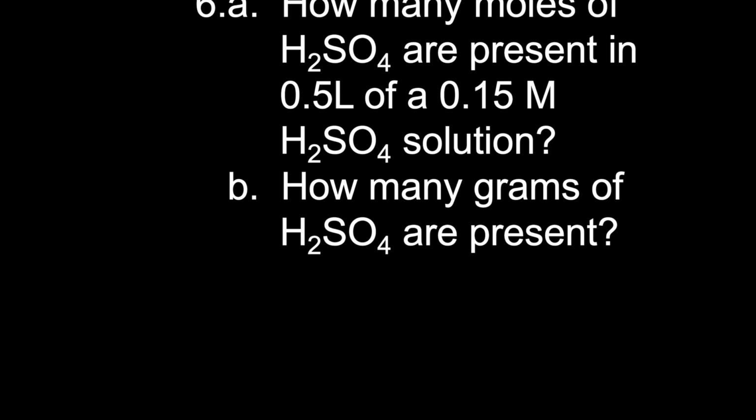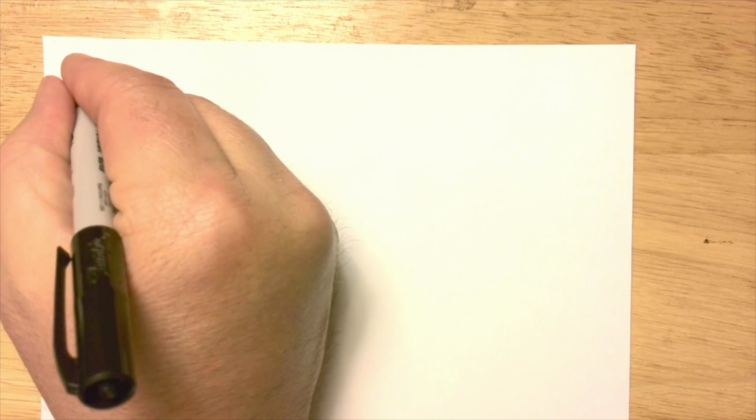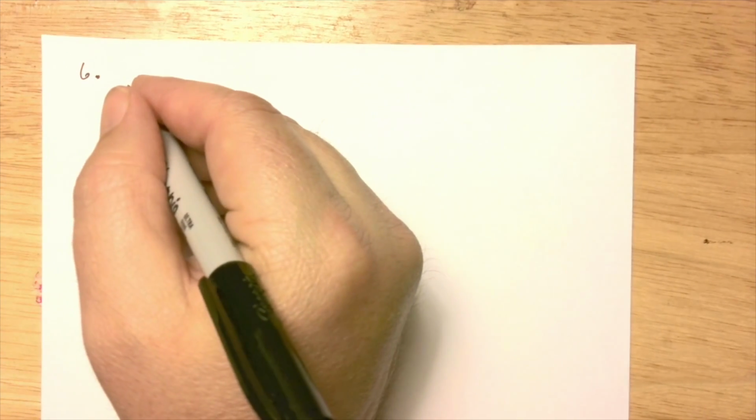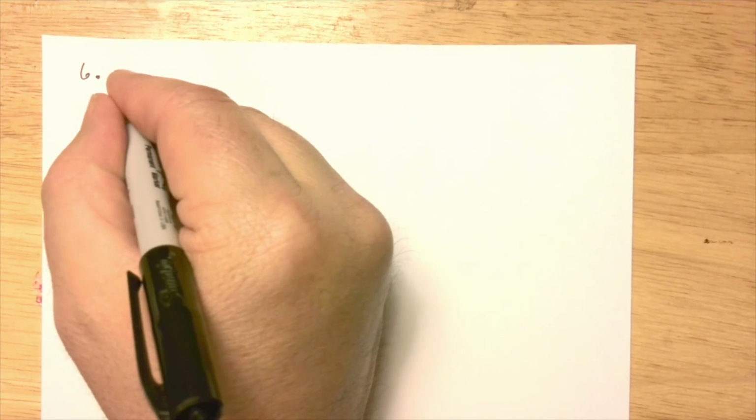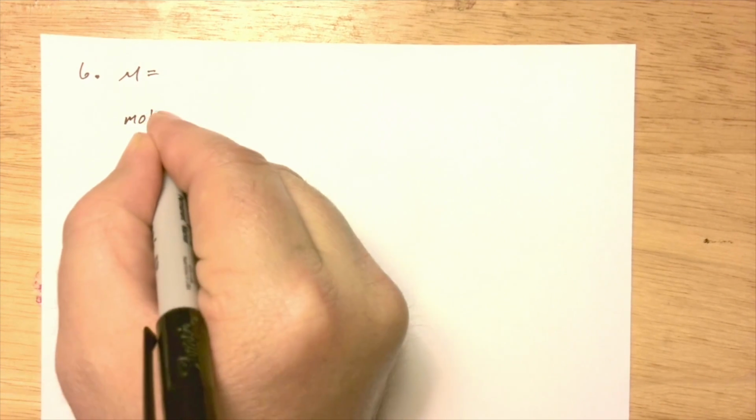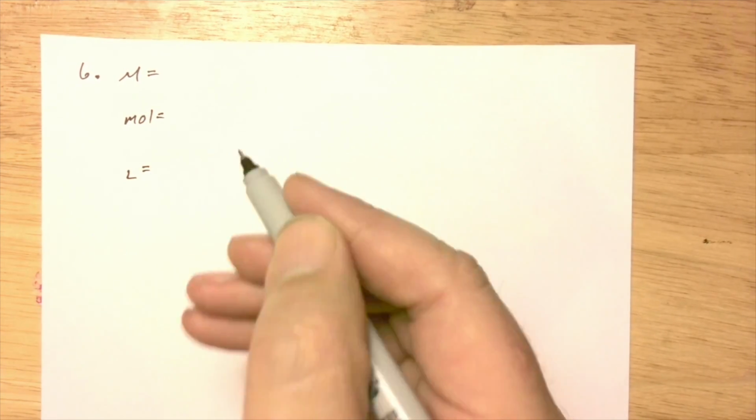6a. How many moles of sulfuric acid are present in 0.5 liters of a 0.15 molar sulfuric acid solution? All right, for number 6, we're dealing with sulfuric acid. And again, start with what's given to you. You have molarity, moles, and liters.